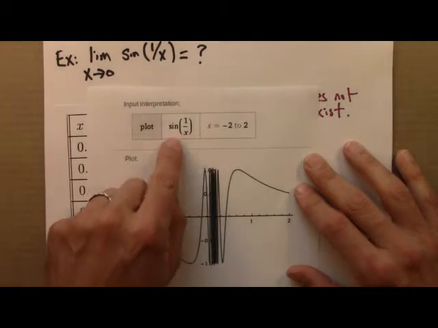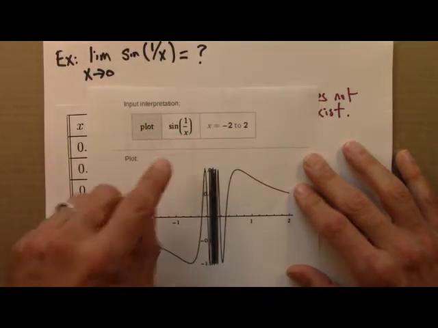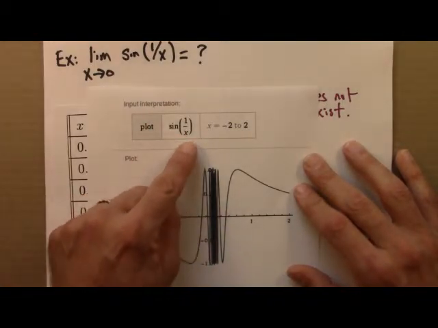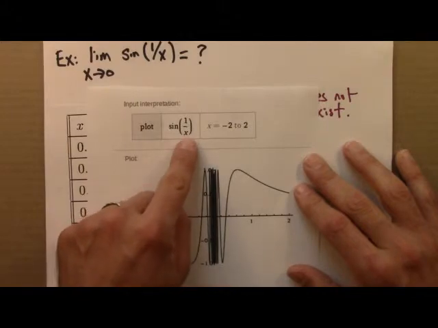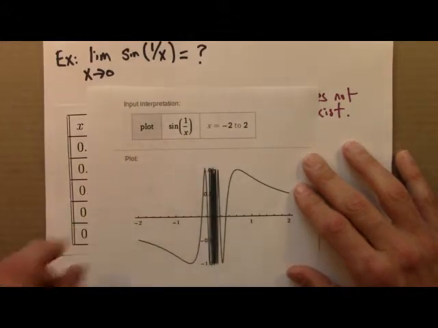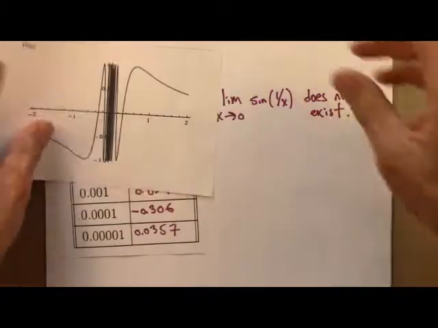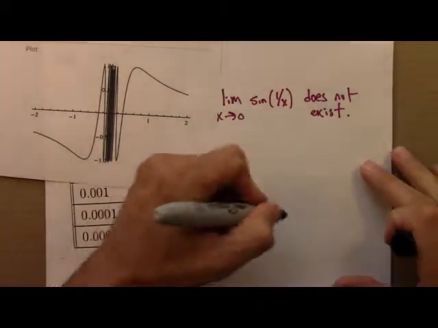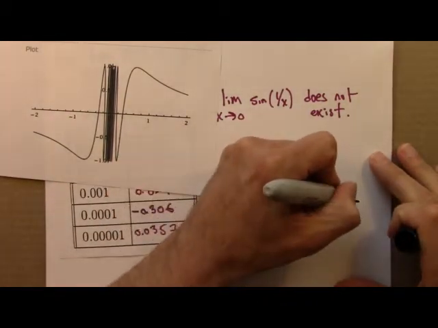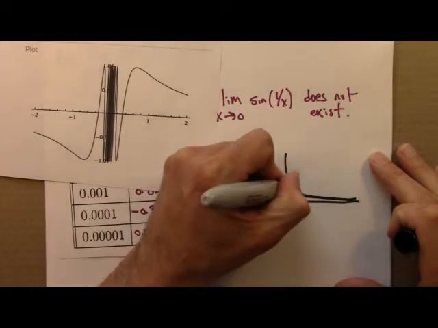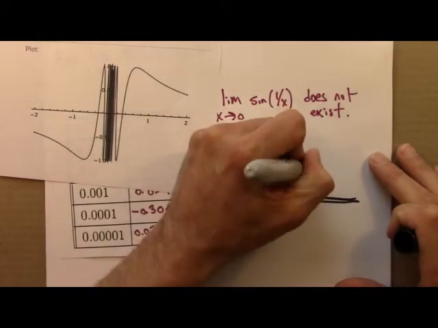Another way to think of it, more in terms of just telling a story about what this function does, is a plot of 1 over x. That function explodes near the origin. This is 1 over x.